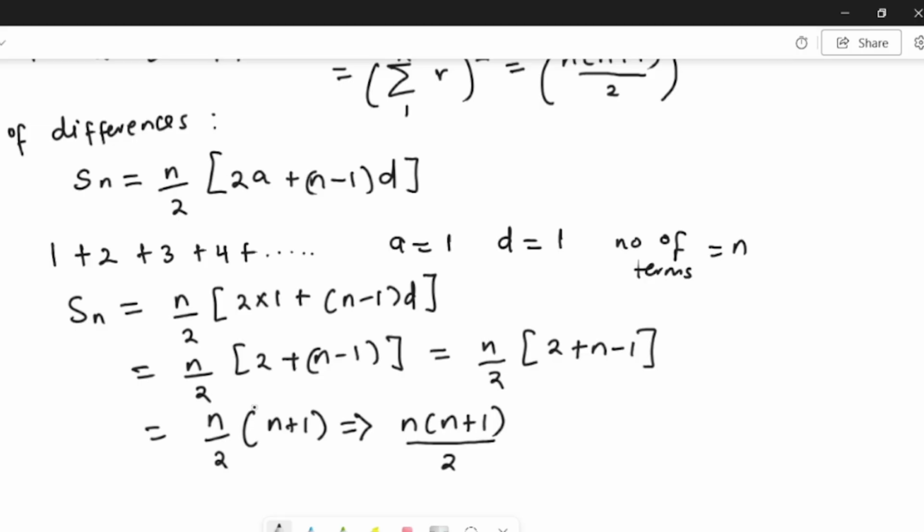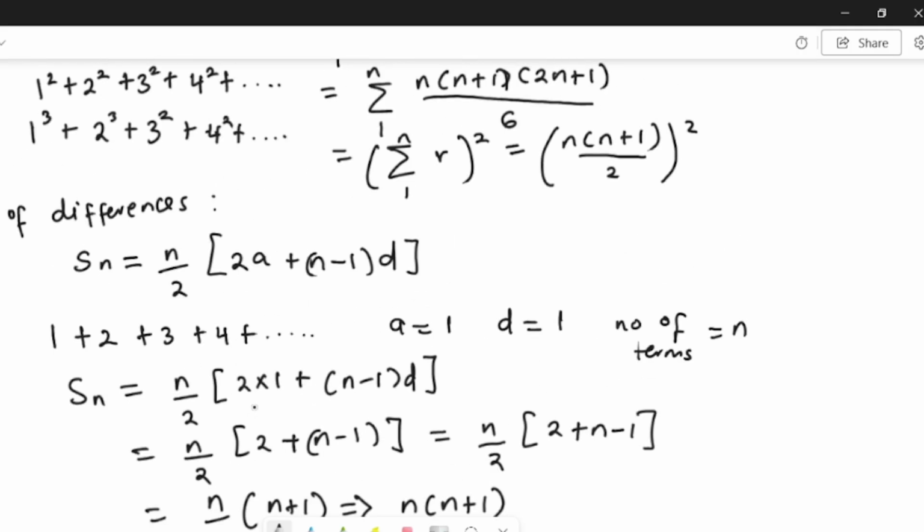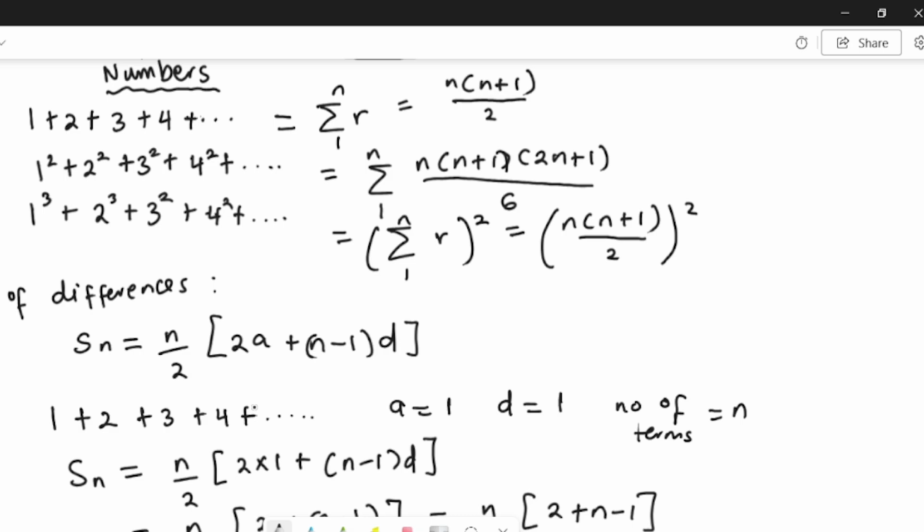And now we have proven our first formula for that AP. We're getting our desired value, which is n into n plus 1 over 2, which is quite simple.